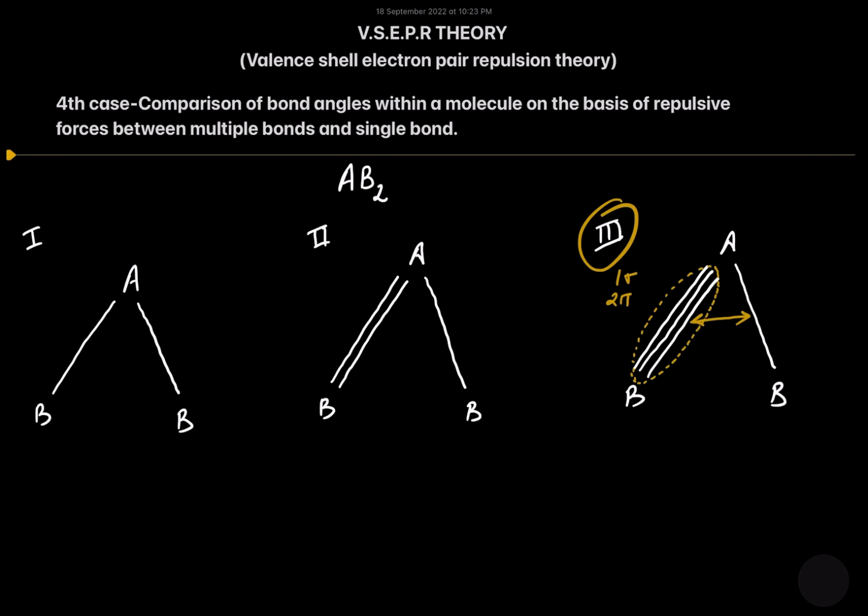So I am writing, pi electron cloud of triple bond will strongly repel single bond, or we can say the sigma bond.